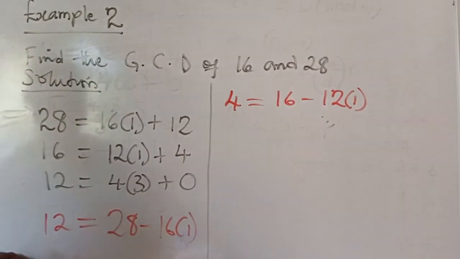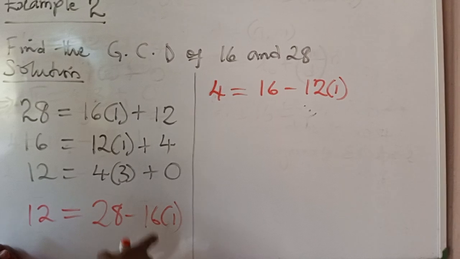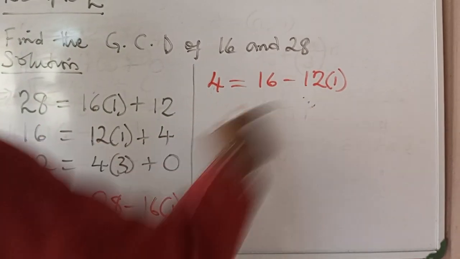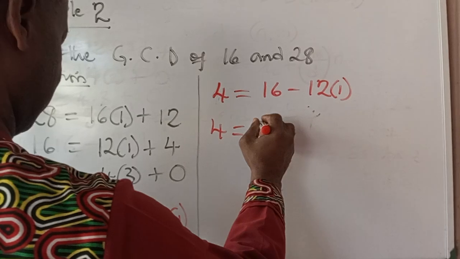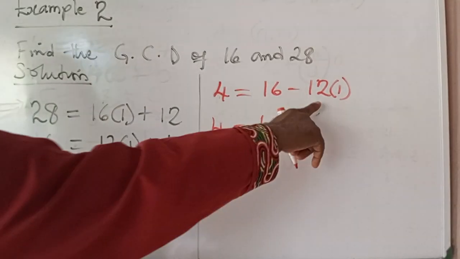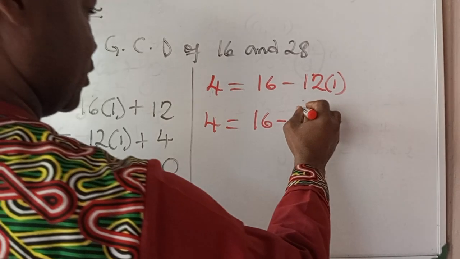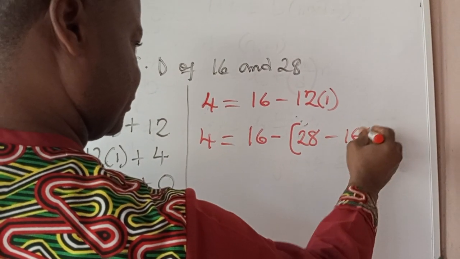So we can substitute 28 minus 16 in place of 12, since that is equal to 12. So that we now have 4 is equal to 16 minus (28 minus 16).